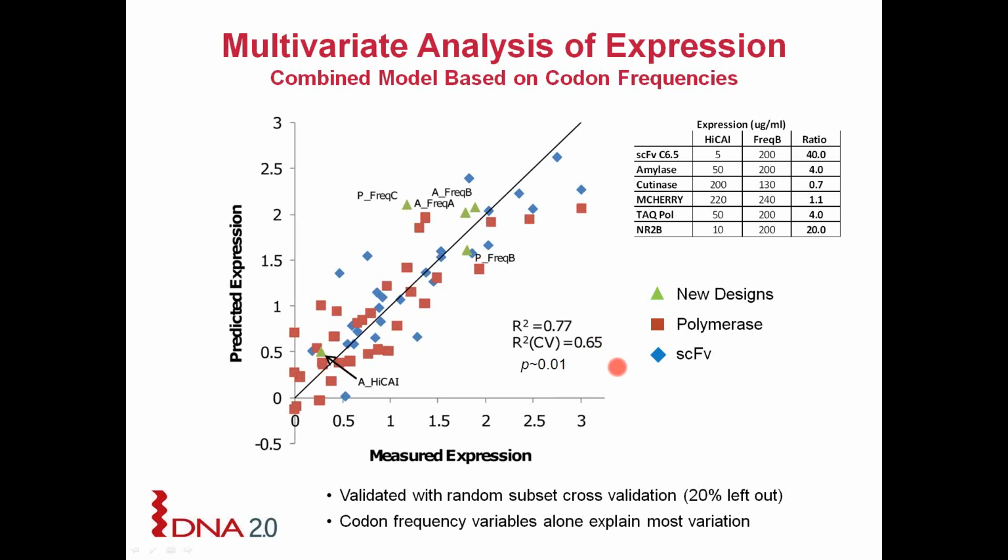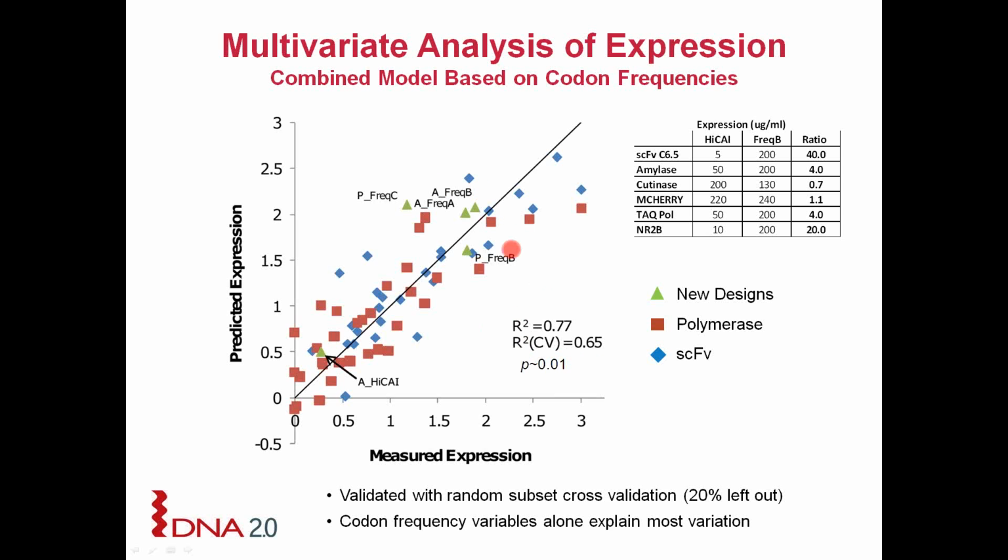We have a very good correlation coefficient for left-out data. So it's telling us that the model is not overfit. Another way we can tell that the model's not overfit is by randomizing the expression values and seeing how likely it is that this model is insignificant, that it's random, and it's very unlikely in this case, greater than 99% chance that this is a significant model.